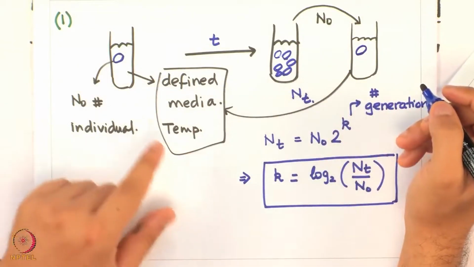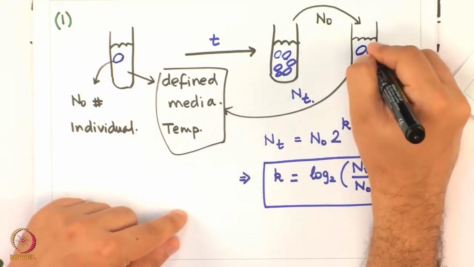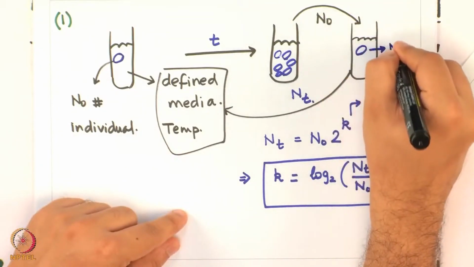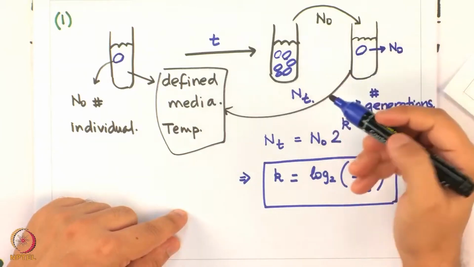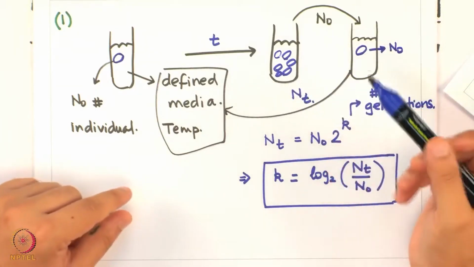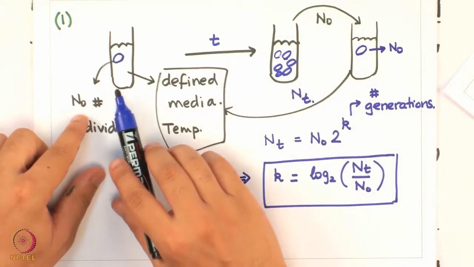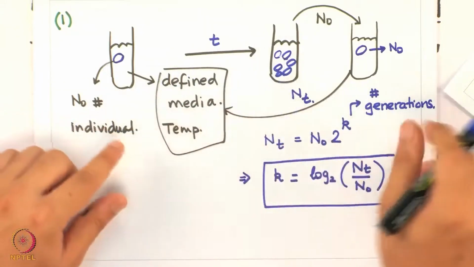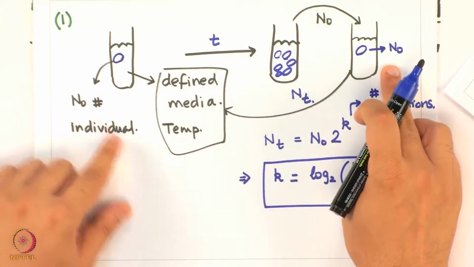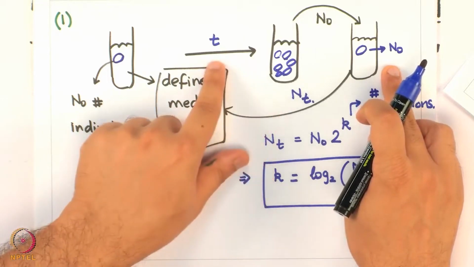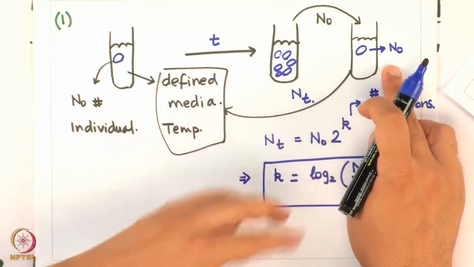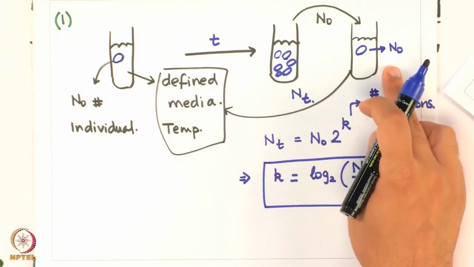So, this is N0 number of individuals who are randomly selected from this Nt. In reality, it is as if you are repeating this whole process again, where you are going from N0 to Nt numbers in time t in the same environment, and you let this happen over and over again.